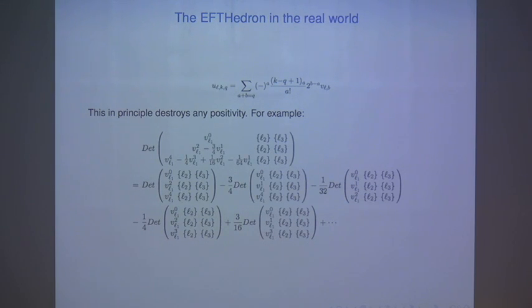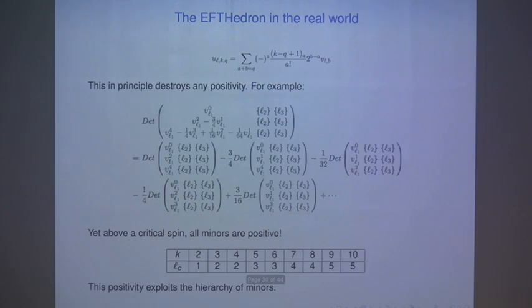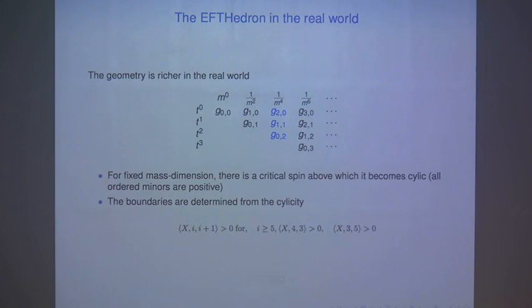And this positivity is actually probing something more, and that is the statement that it's positive above a critical spin. But this positivity is really exploiting that these minors in the Gegenbauer vectors actually have a hierarchy, in the sense that the evenly spaced minor is always the largest, the maximal minor compared to all the other minors. So again, since it's still a cyclic polytope, we can easily determine what the boundaries are.